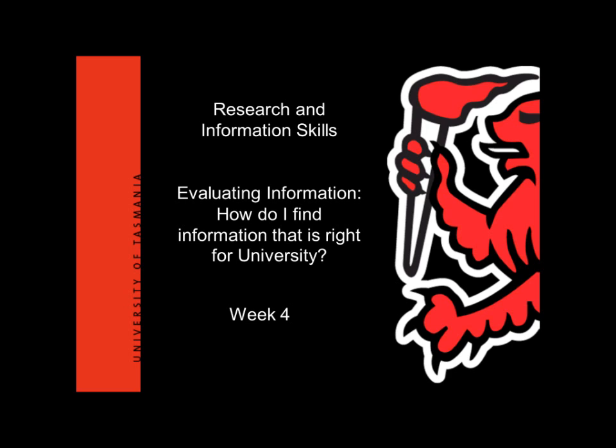The second thing is the ideas and information contained in the source are situated within the relevant academic literature through the use of in-text citations. So what we want to see is that the information that's being presented should be grounded not only in a particular discipline, but also should be supported by the other academics working in that field. The last one is the source has been reviewed by academics and assessed as suitable for publication.